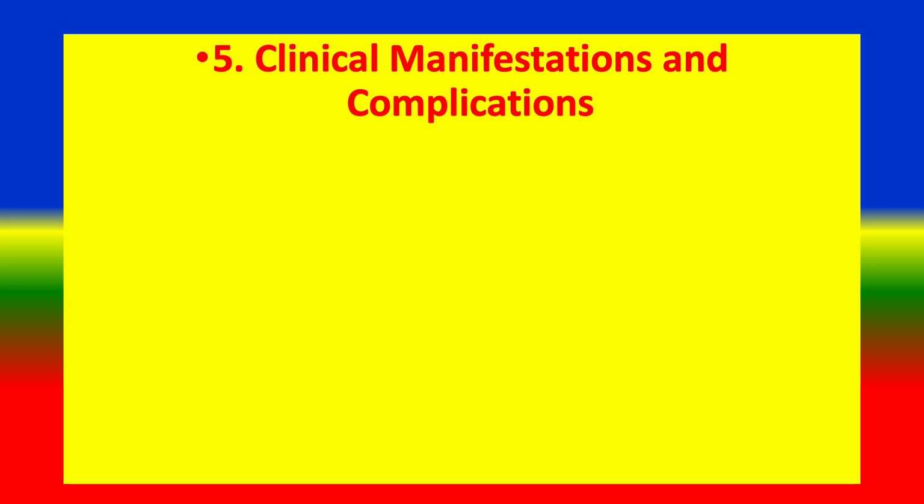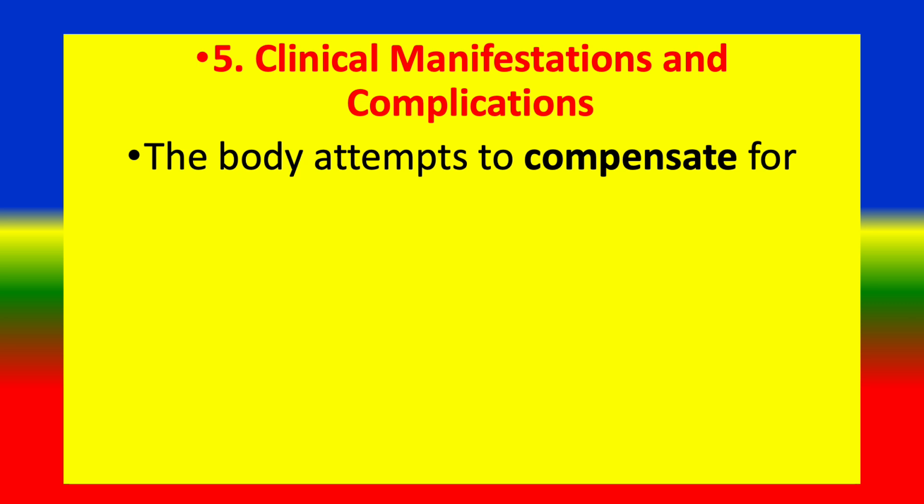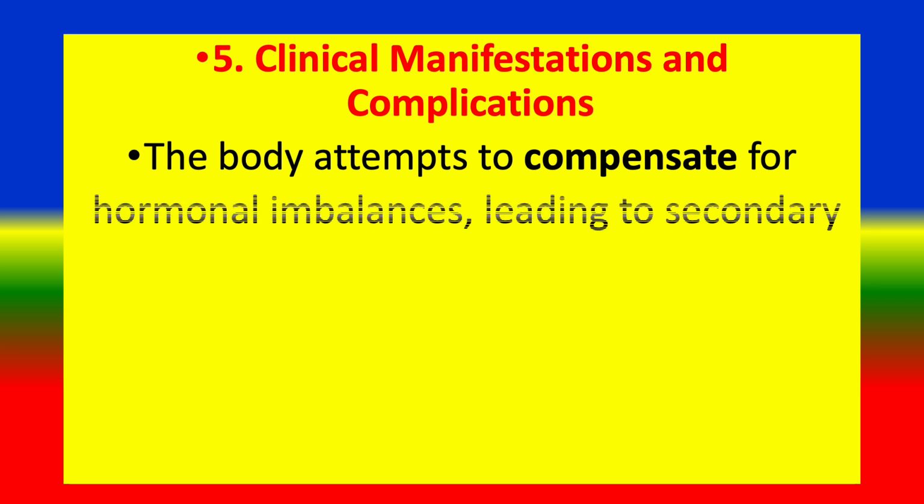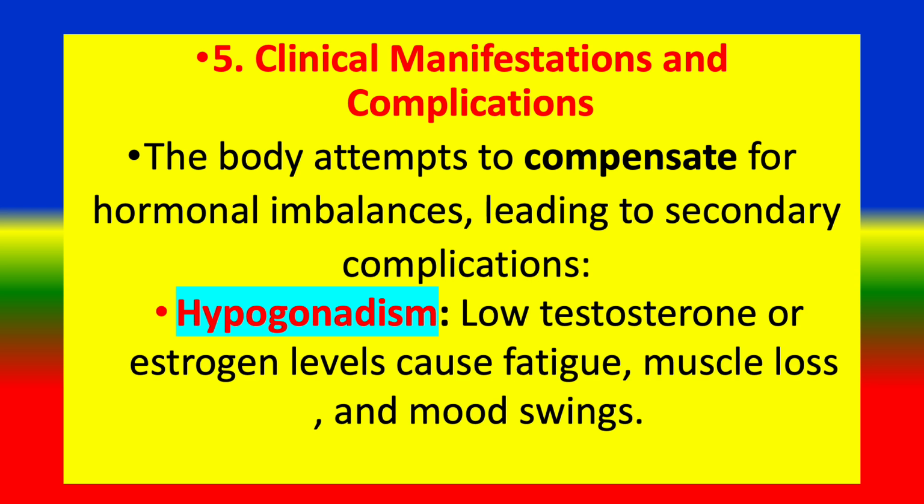5. Clinical manifestations and complications. The body attempts to compensate for hormonal imbalances, leading to secondary complications. Hypogonadism: low testosterone or estrogen levels cause fatigue, muscle loss, and mood swings.